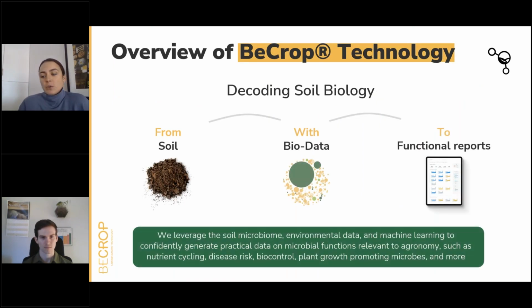So for those of you who are new to Biome Makers or needing a refresh on what we really do, we're going to just have a quick whistle-stop tour of what our technology is before we dive into our different product offerings and services. So at Biome Makers, we have our BeCrop technology, and what we're doing is extracting DNA from the soil, turning it into biodata.